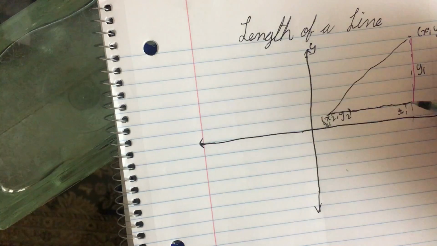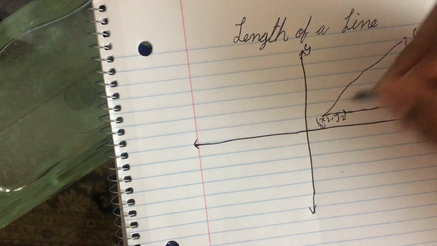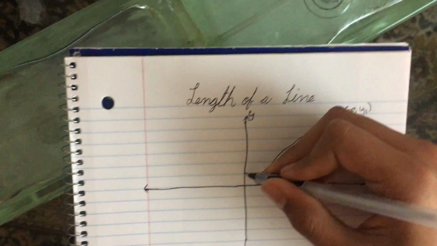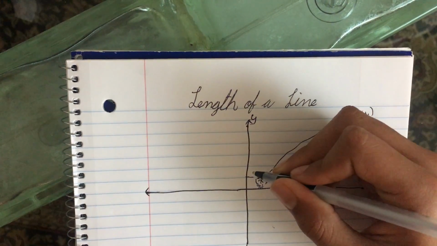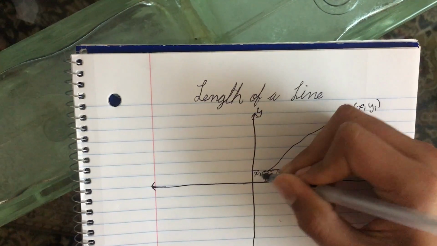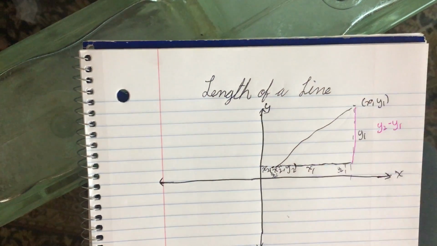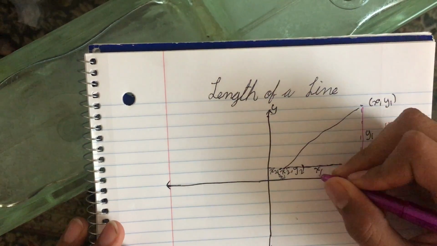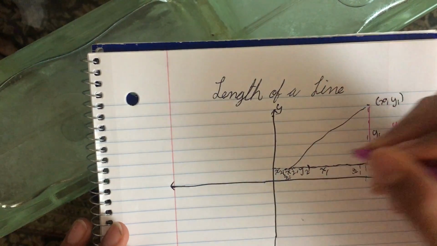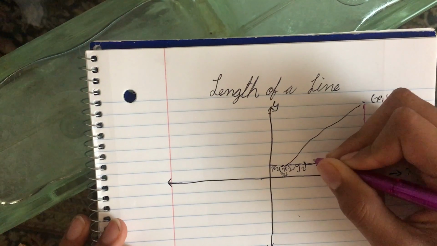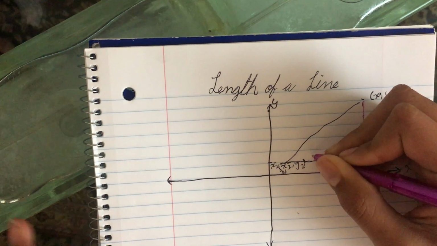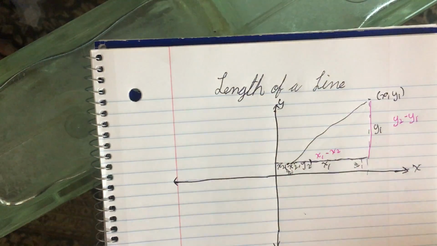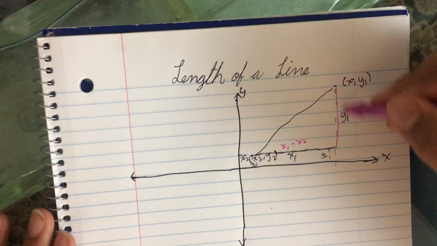This whole value, including a little extra part here, is going to be x1, and this little part here is going to be x2. The same logic applies: to find this total value, it's going to be x1 minus x2, or x2 minus x1, it doesn't matter which order. This is the way you find these lengths.